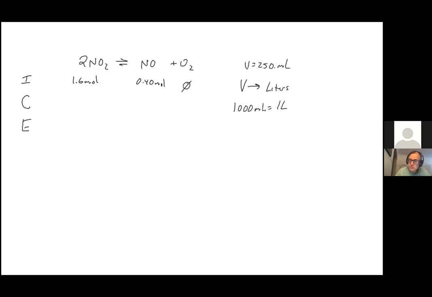Milli is 1,000, so there are 1,000 thousandths in 1. So 250 ml, and a liter is 1,000 milliliters. Milliliters cancel, so you get 0.250 liters. Okay, so there's your volume. So we divide the moles by the liters, right?